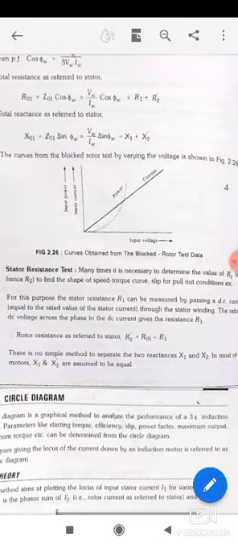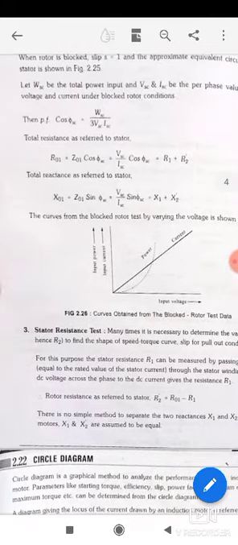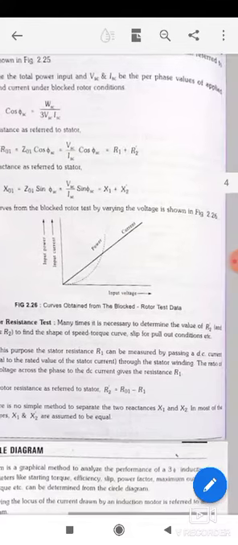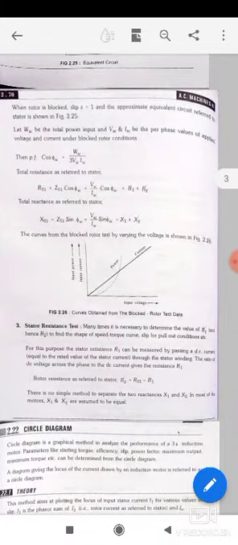To separate R01 into R1 and R2, we have to find R1. That means the stator resistance needs to be found. How to find the stator resistance? By conducting the stator resistance test. If you supply DC power to the stator such that rated current flows in the stator winding, and divide the voltage by current, you will get the resistance R1.